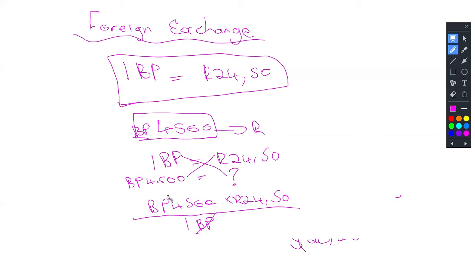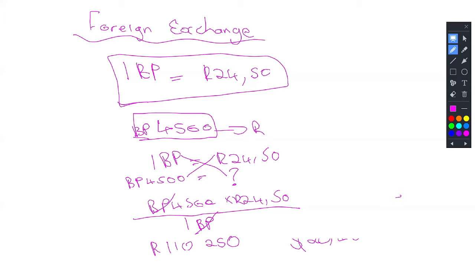So BP will cancel that BP. We are having now 4,500 multiplied by 24 and 50 cents all over 1. So this person in rands, they have 110,250. So that's it, guys, with conversion.